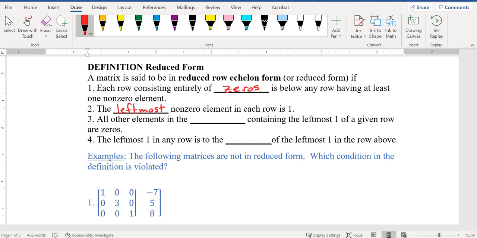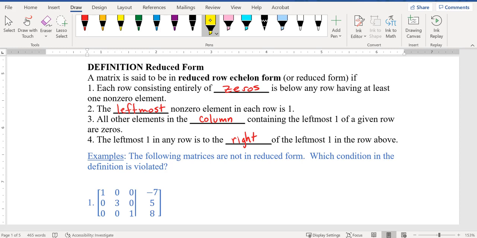Okay, number 3, all other elements in the column containing the leftmost one of a given row are zeros. And the fourth condition, the leftmost one in any row is to the right of the leftmost one in the row that's above it.